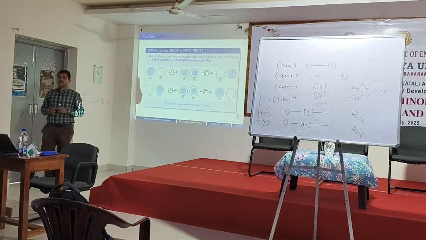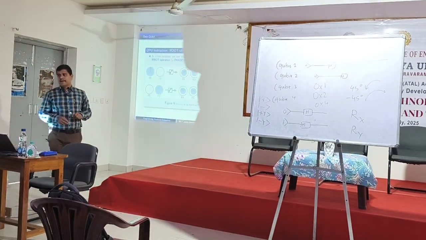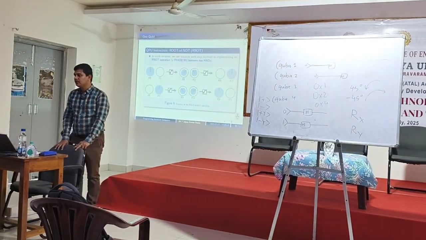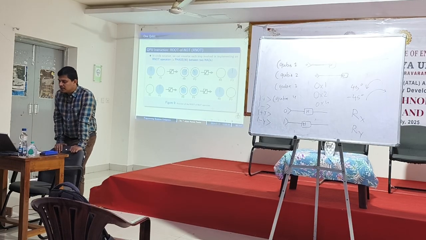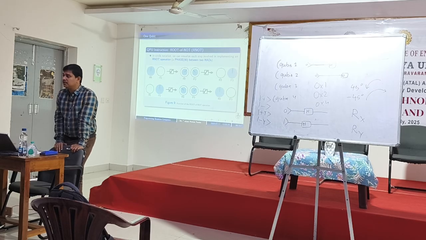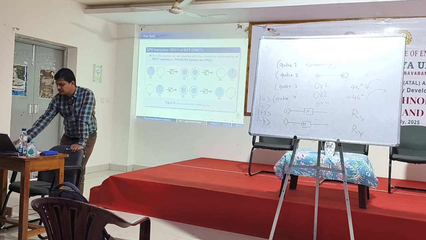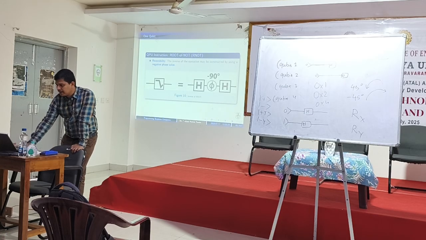This way, root NOT means 45 degrees rotation, 1 by root 2 value. 45 degree to one particular phase angle, but both phase angles if you calculate it is 90 degree. 1 by root 2 value is equal to 45 degrees cycle.